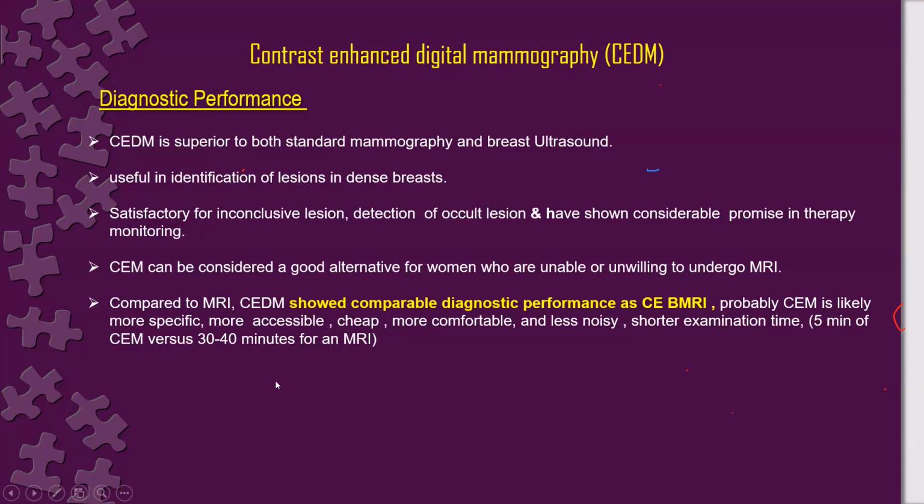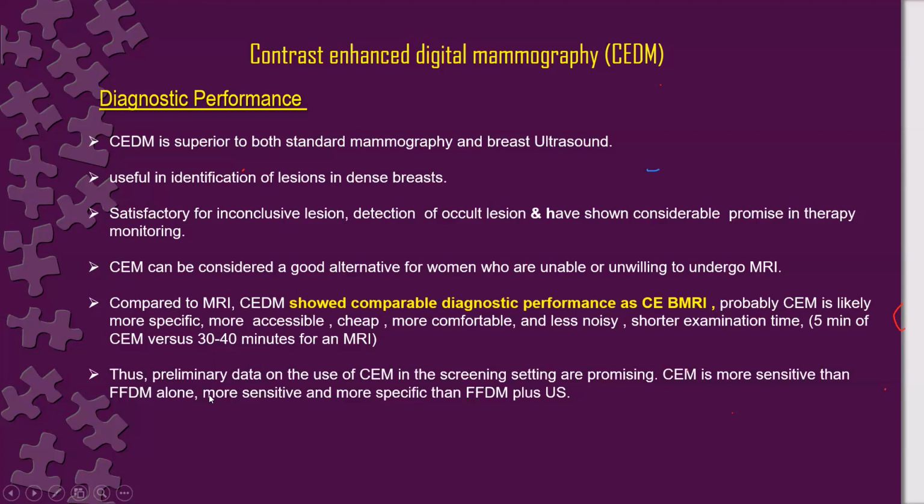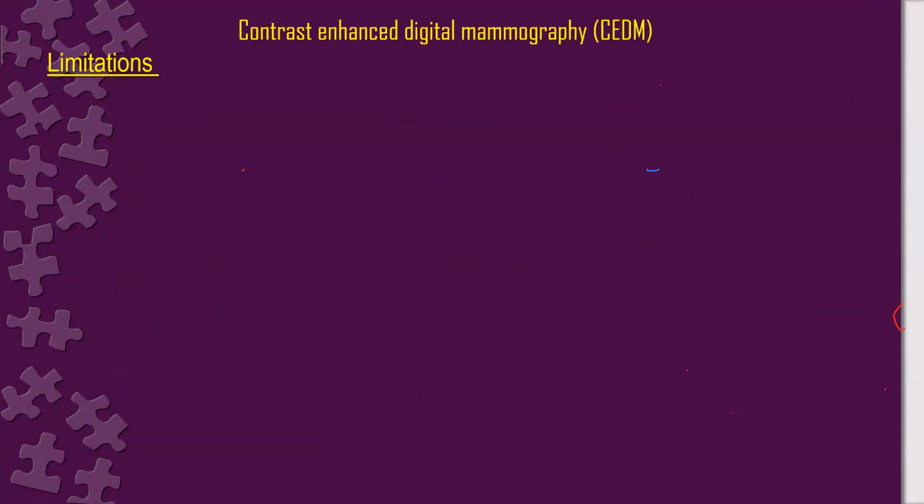Compare 5 minutes of contrast enhanced mammography versus 30 to 40 minutes of breast MRI. And thus, preliminary data on the use of contrast enhancement in the screening setting are promising and it can be used as an alternative to MRI or as an adjunct to mammography.